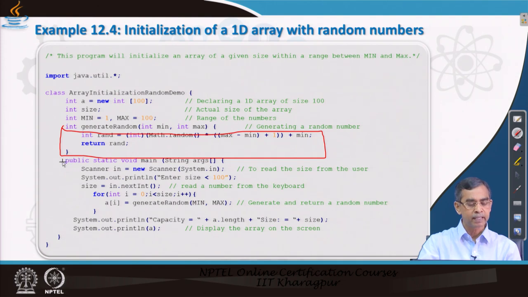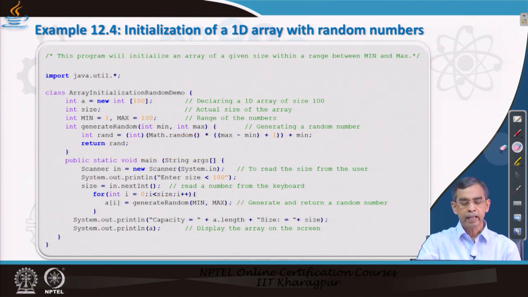Then again, similarly, you have to read the size of the array, and once you know the size, the random number generator method can be called, so that it generates random numbers and loads them into the array. This way, the program loads an array of a desired size with elements in a random way. So, this random array can be generated using this program.